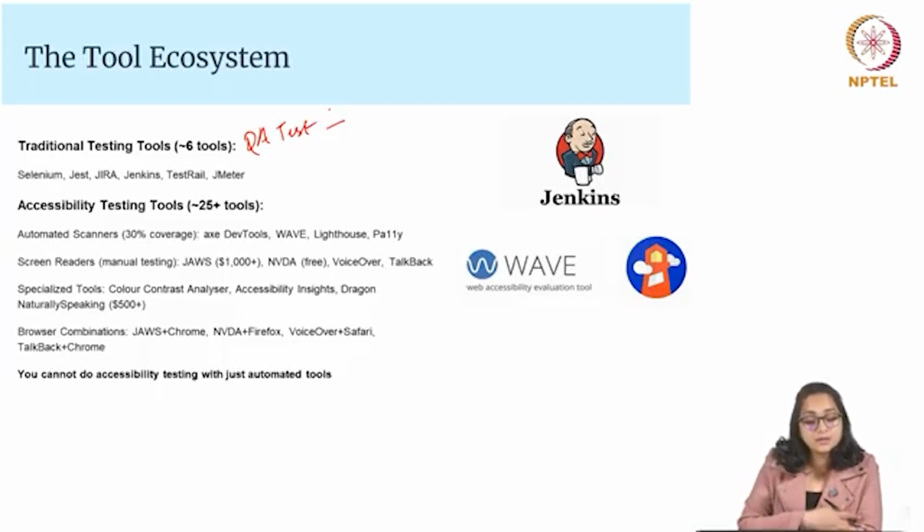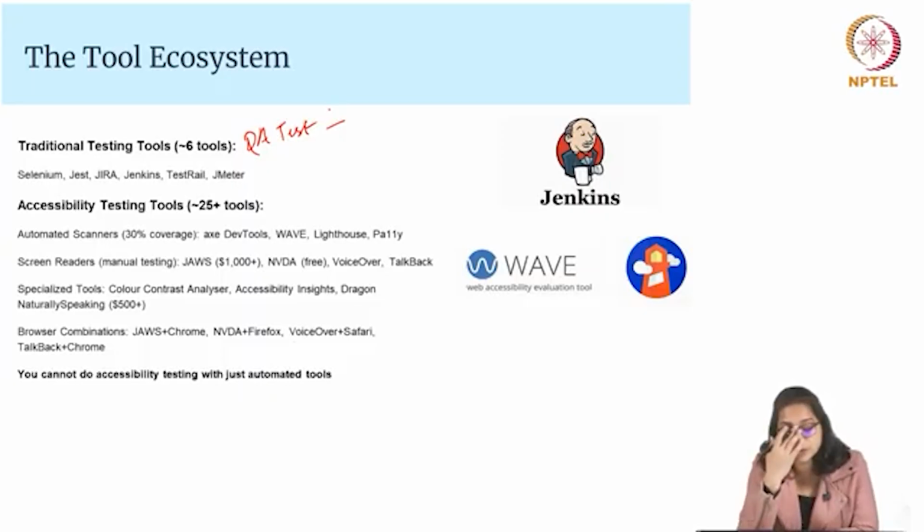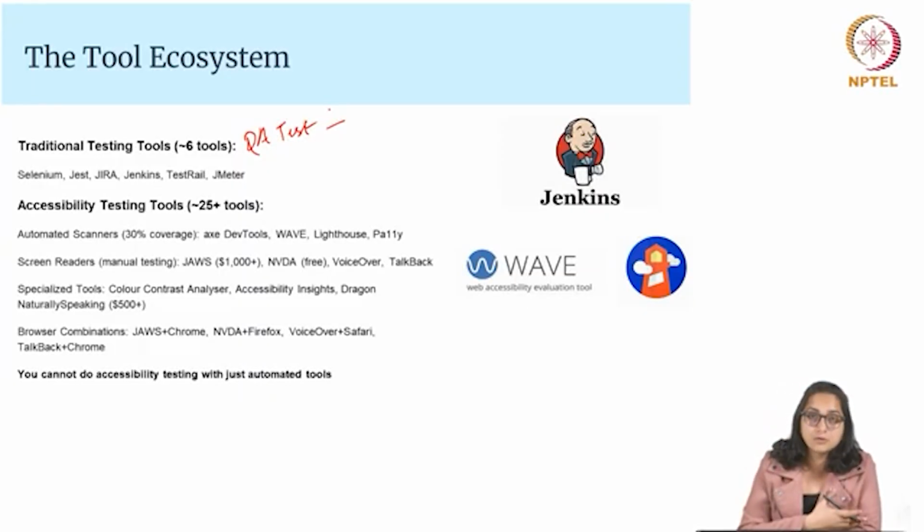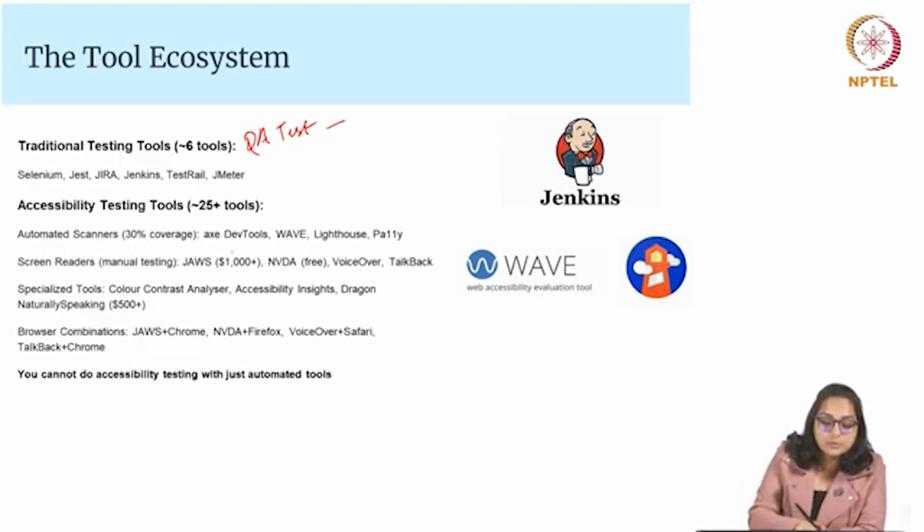But particularly when we talk about accessibility testing tools, there are automated scanners which cover 30% of the issues, which are Wave, Lighthouse, Pa11y and Axe tools.